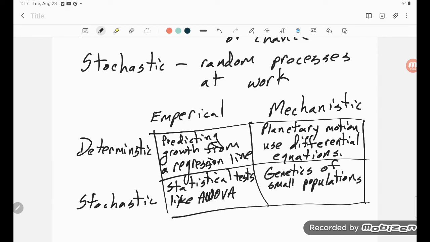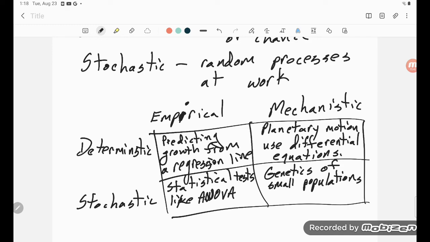Okay, so there are our two pairs of classifications, making four classifications of models. It's just good to have some vocabulary. Oh, look at that. You all didn't yell at me when I put an E there. See, empirical. Sorry about that. But you probably laughed or something.